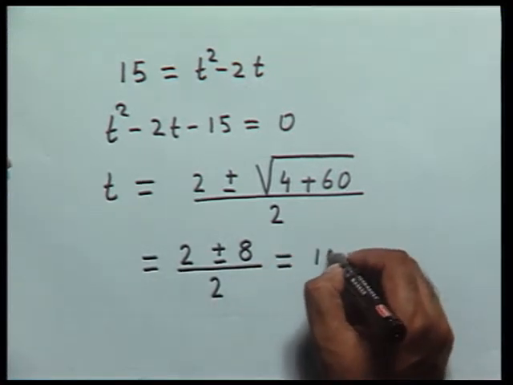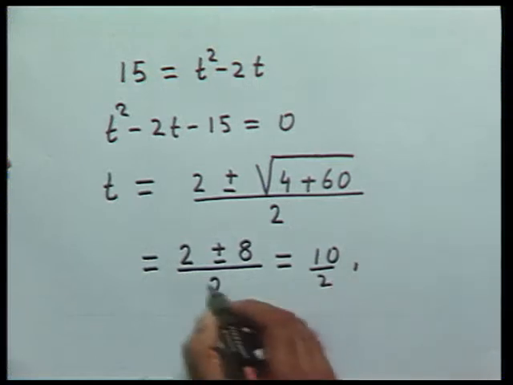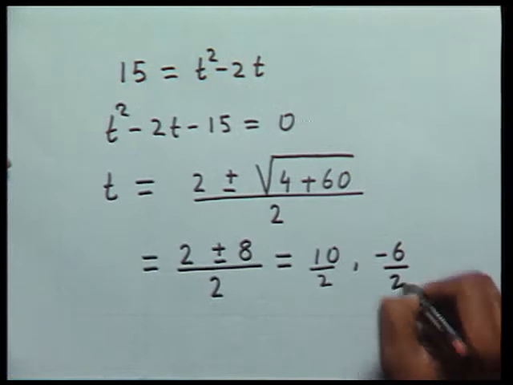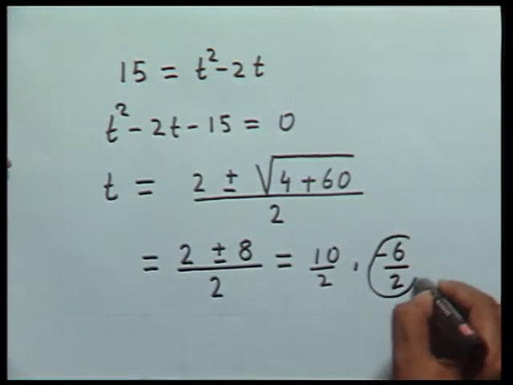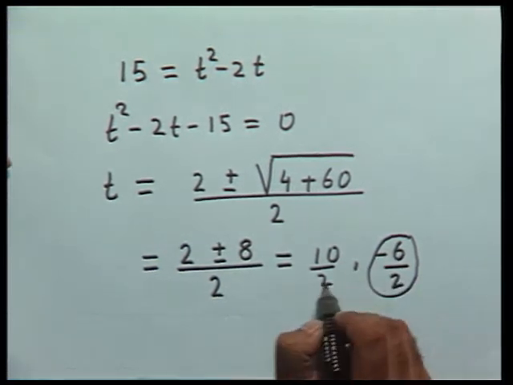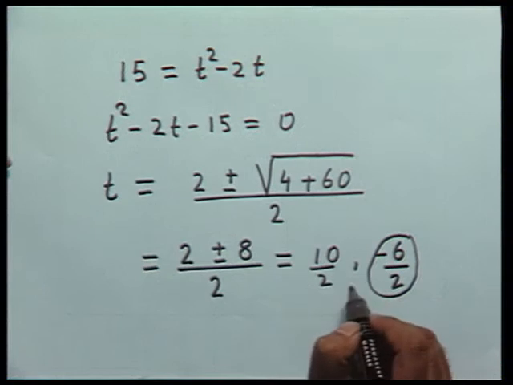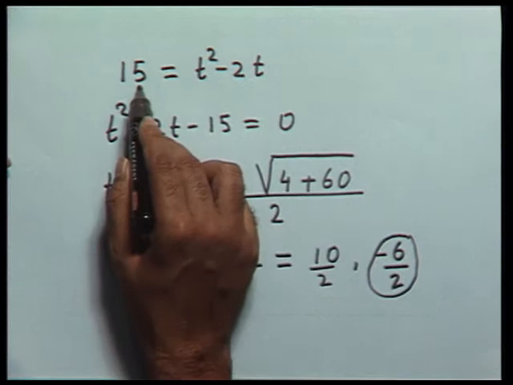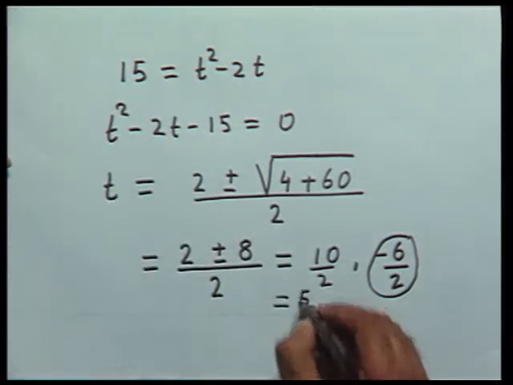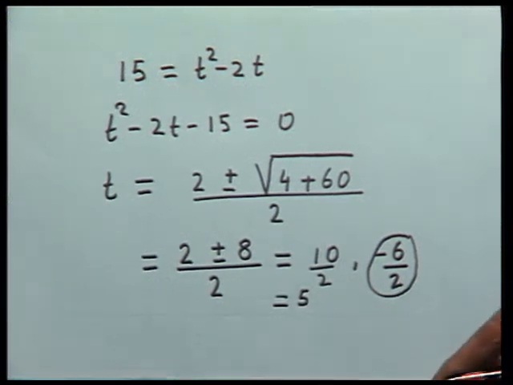We discount the negative value straight away because our car is moving in a straight line, so its distance is always being measured as a positive quantity. So, at the point where the car has reached 15 kilometers, the instant of time is going to be equal to 5. Okay. Now, the question asked was, what is the speedometer reading when the car has reached 15 kilometers?